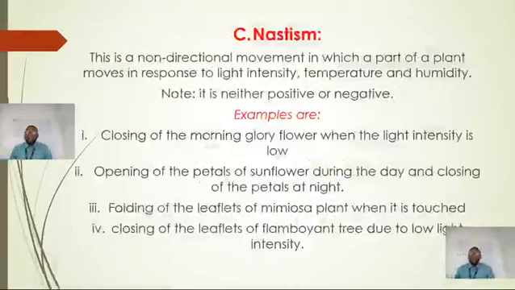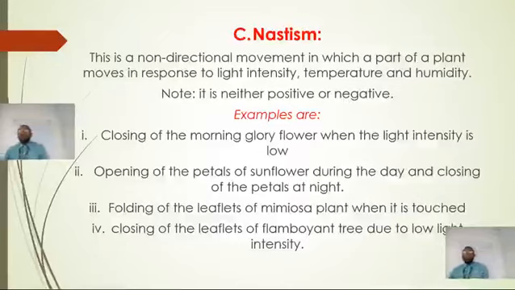Okay, let's go into nastism. Sorry for this. I said below are examples of tropic movement made by plants. I've mentioned it earlier on, and the examples are the phototropism, chemotropism, hydrotropism, the thigmotropism, and the like. So these are the examples.